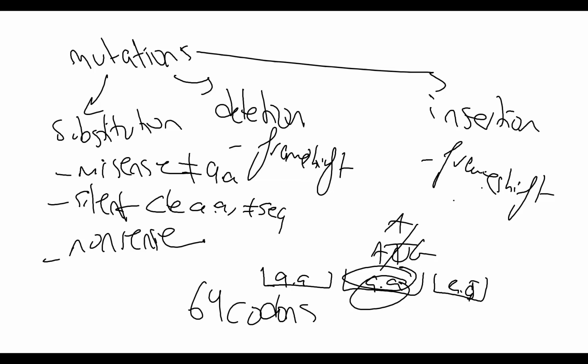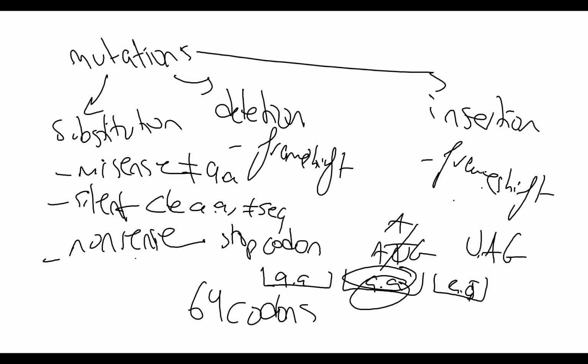Nonsense mutation is when we substitute one of the bases and it makes us reach a stop codon. Let's say it makes us reach a codon which is UAG. So when we reach a stop codon, this is called a nonsense substitution mutation.